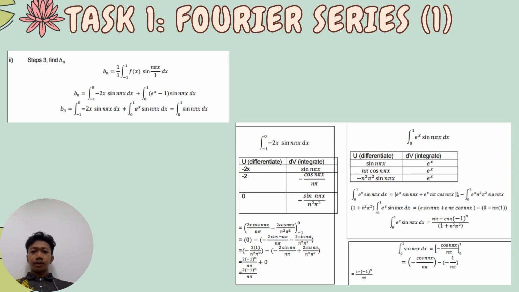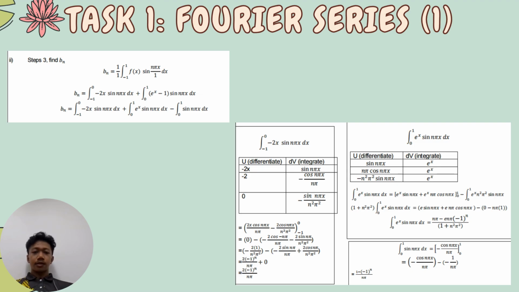We separate it and we solve, we get Bn equal to the integral from negative 1 to 0 of negative 2x sin n pi x dx plus the integral from 0 to 1 of e^x sin n pi x dx minus the integral from 0 to 1 of sin n pi x dx.